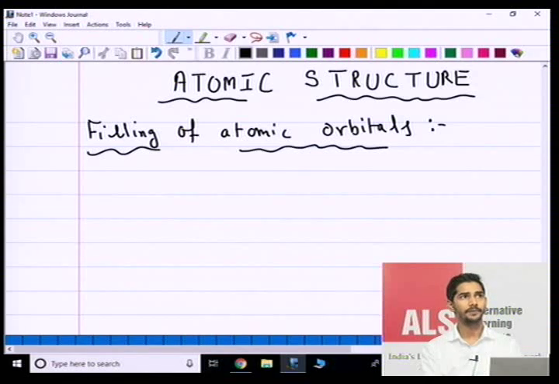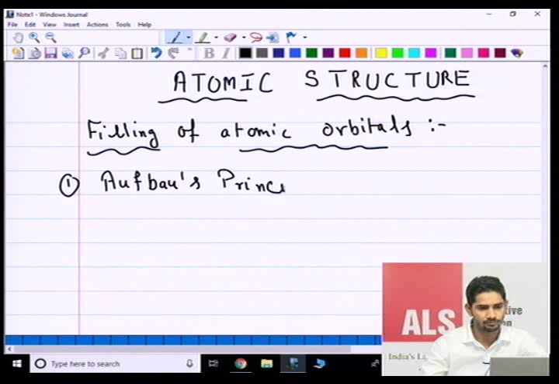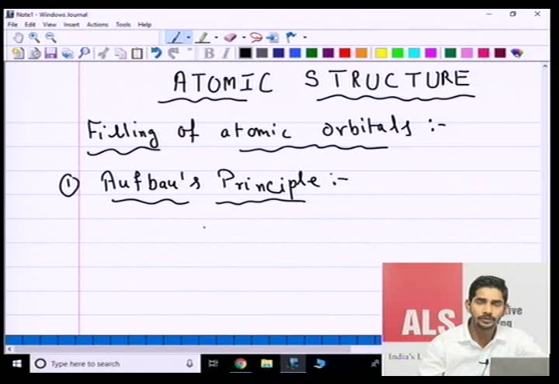I'll explain those rules one by one. The first one is Aufbau's principle. First of all, you can copy this with me, and after that I'll explain.